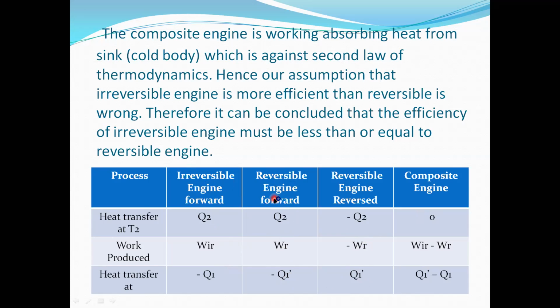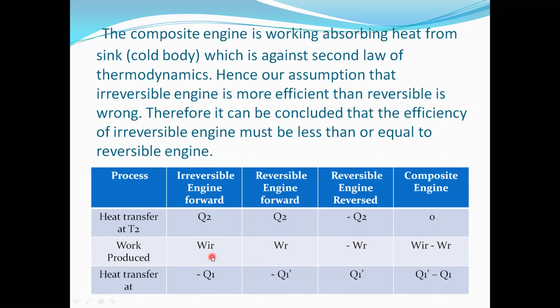Irreversible minus reversible. यानी आपको सेकेंड कॉलम से थर्ड कॉलम माइनस करना है. सेकेंड कॉलम में क्या दिया हुआ है? इरिवर्सिबल इंजन फॉरवर्ड, और थर्ड कॉलम में रिवर्सिबल इंजन फॉरवर्ड. So Q2 minus Q2. Q2 minus Q2 क्या होगा? Q2 minus Q2, that is 0. So we have taken here 0.